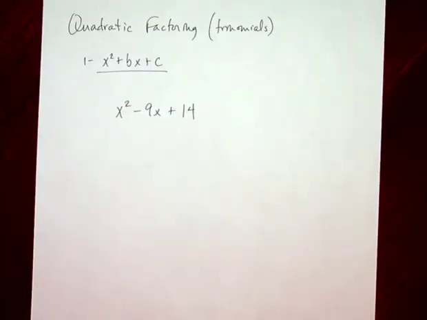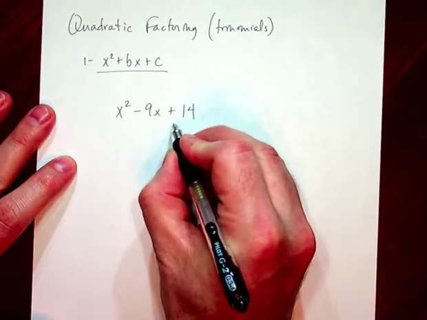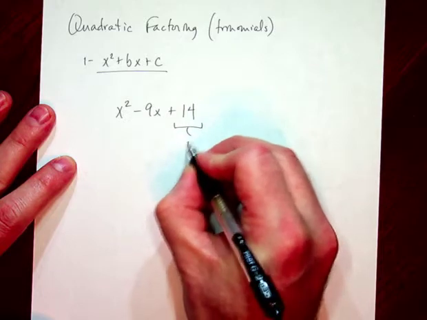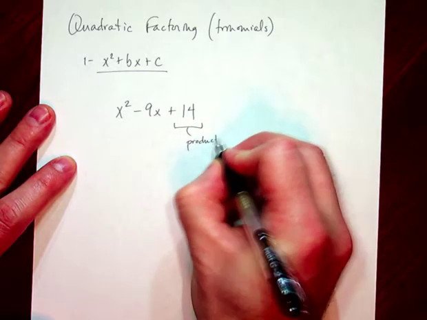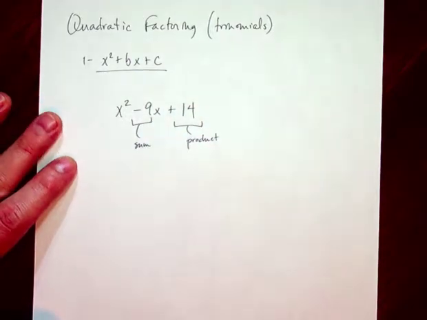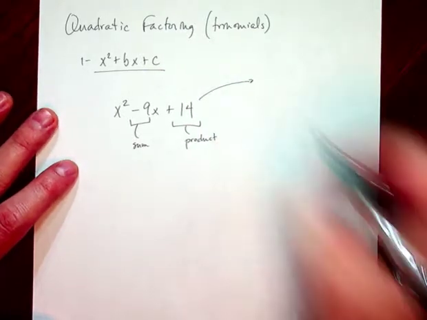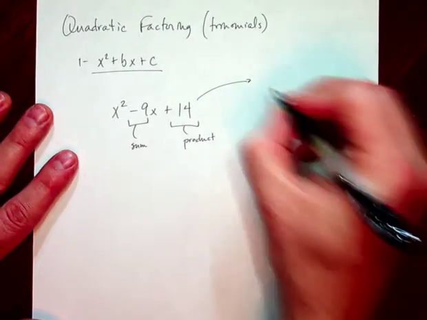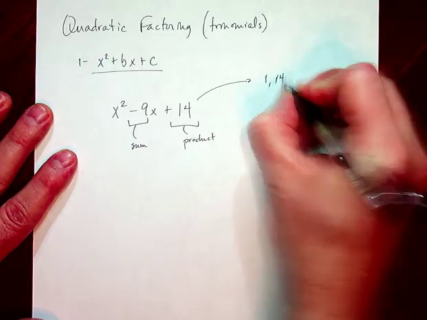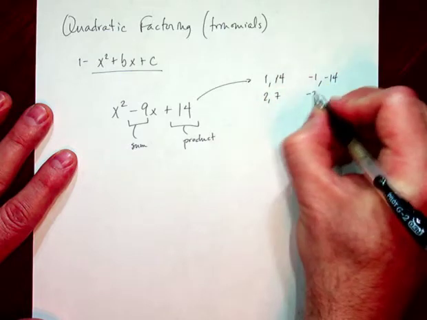Now, of course, you should be able to see this right off the bat, but just to remind ourselves what we used to do: this is basically a product of the same two numbers that this is a sum of. So why not just go ahead and start listing the factor pairs of 14? I can arrive at 14 as a product with 1 and 14, negative 1 and negative 14, 2 and 7, and negative 2 and negative 7.